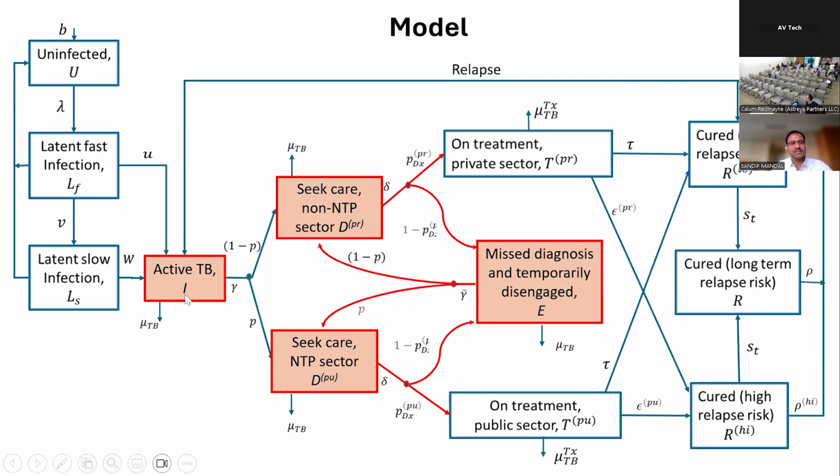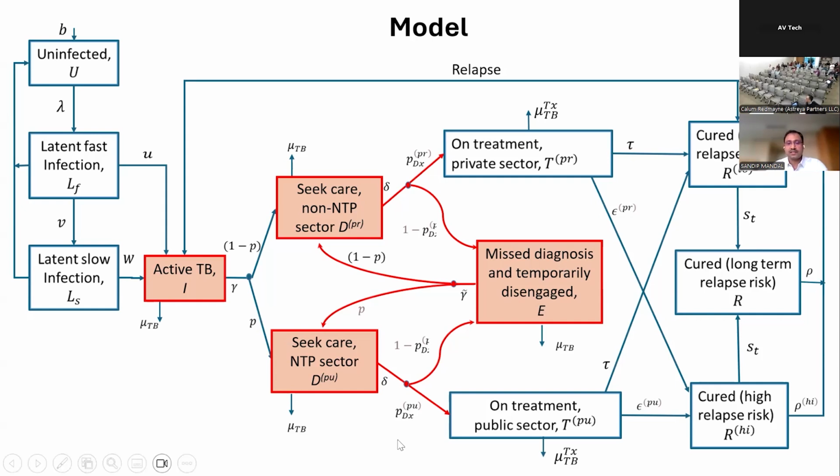Once they develop active disease, they can seek care for diagnosis and treatment either in the public sector or in the private sector, either NTB sector or non-NTB sector. So it branches this way. Those who go to the NTB sector can be treated in the same sector, or if misdiagnosed, they move to another box, E, misdiagnosed and temporarily disengaged. They can come back to some sector to get diagnosed and finally get treatment.